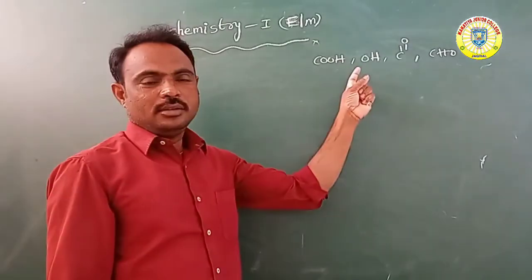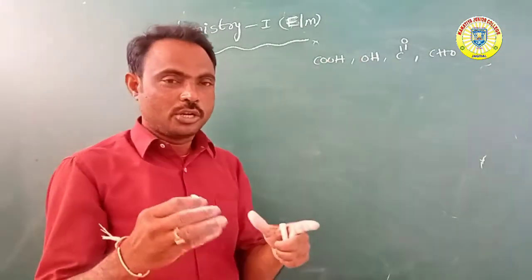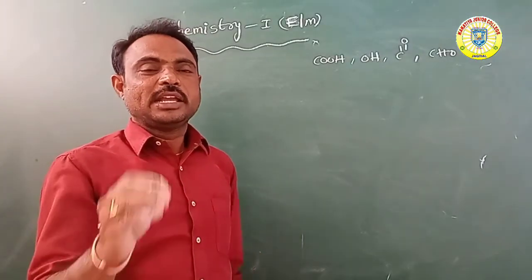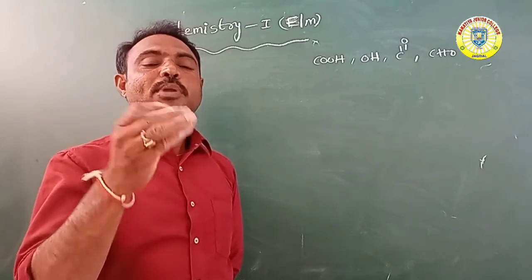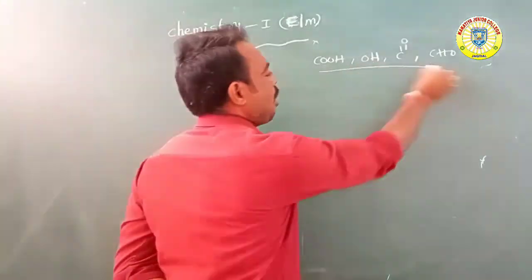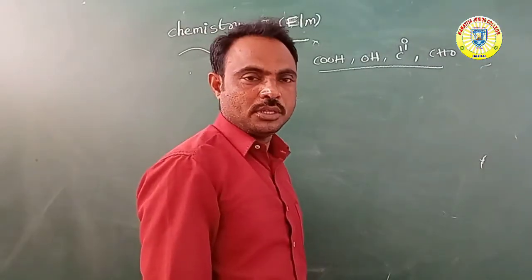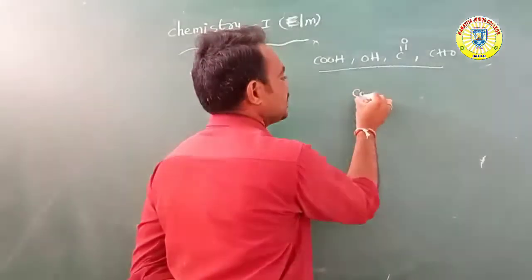When one carbon compound is attached with two functional groups, we give the number on the side of the main preference functional group. Among all these functional groups, first we give the preference to COOH.